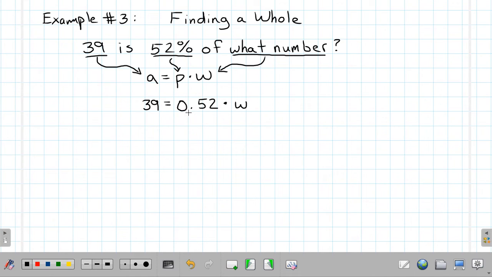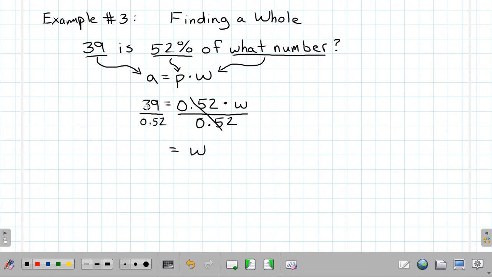So the opposite of multiplying times 0.52 is dividing by 0.52. And once again, the whole purpose here is so that those factors will cancel out, leaving us with 1 W. Okay, so 1 times W, which is W. But if we divide by 0.52 on this side, we have to do it to the other side where this is an equation.